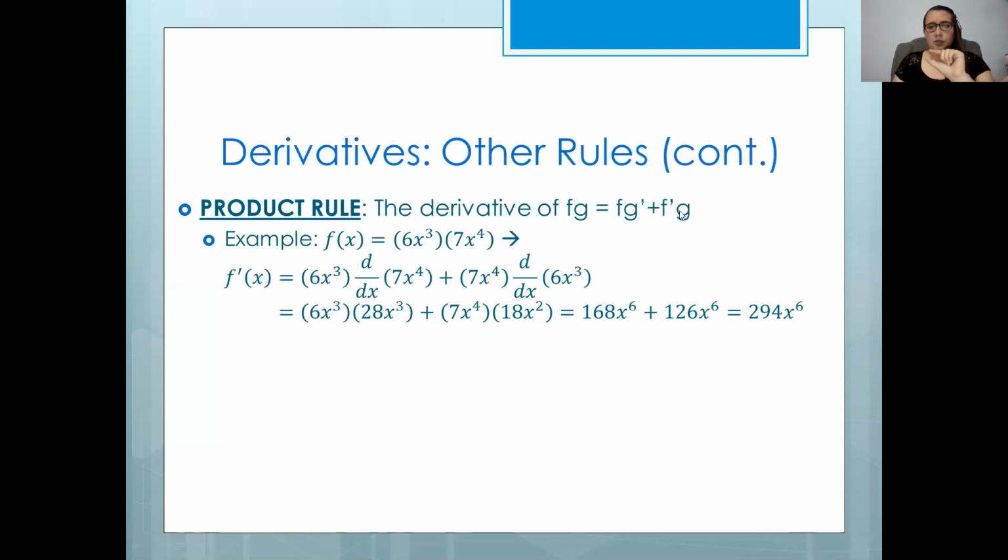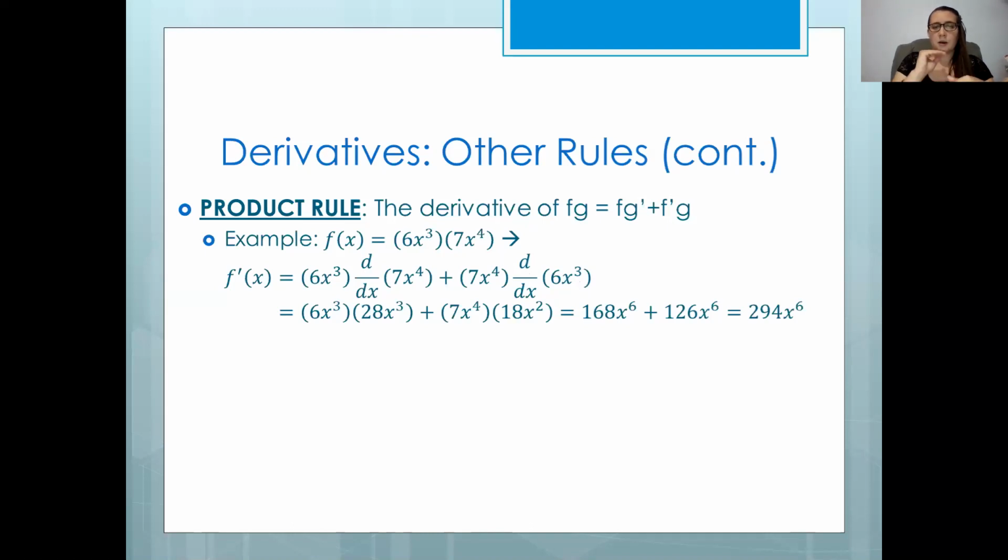Plus, the next chunk, we bring down the chunk we labeled g, don't change anything about it, and then take the derivative of that chunk f, so d dx of f.